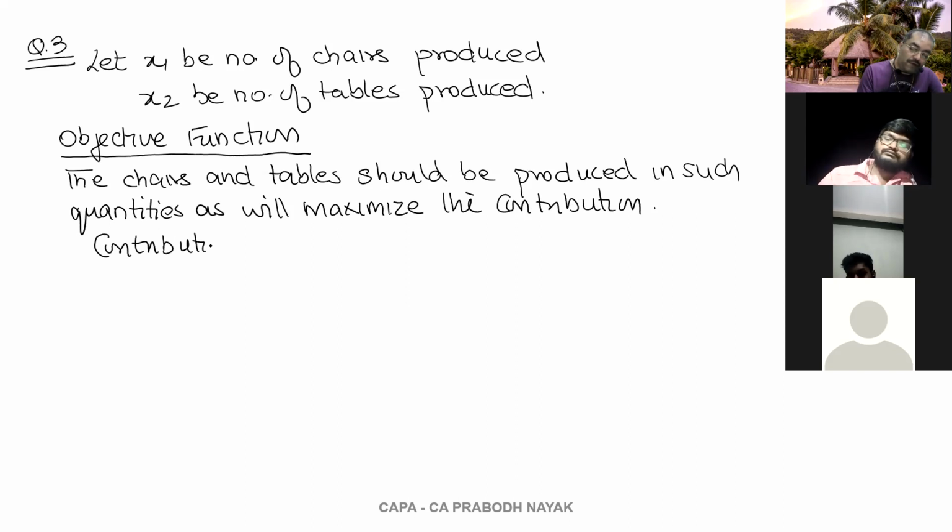Contribution is given as Z is equal to, contribution is 20 per chair, so 20 into x1, and 30 per table, so 30 into x2.